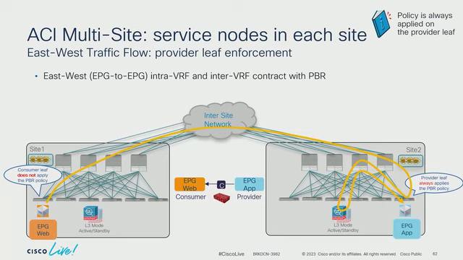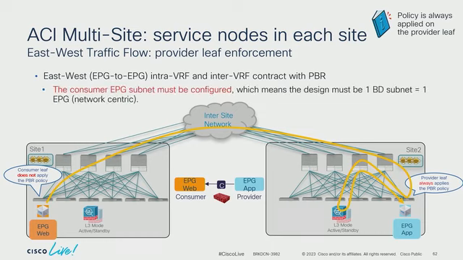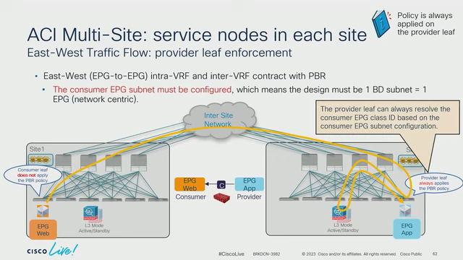Consumer to provider is fine because the consumer class ID information is in the VXLAN header. But in the provider to consumer direction, if the provider leaf doesn't know the consumer EPG class ID, the provider leaf cannot apply policy. So we mandate consumer EPG subnet configuration to make this work. Otherwise, we cannot guarantee the provider leaf can always resolve the consumer class ID. So this is one big consideration, and it will be improved in the next release. I'm going to explain the detail later. But today, for east-west, we need to configure the consumer EPG subnet.